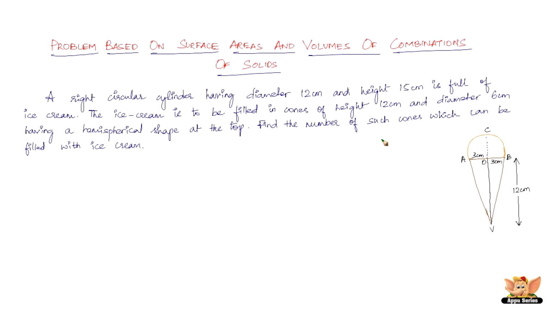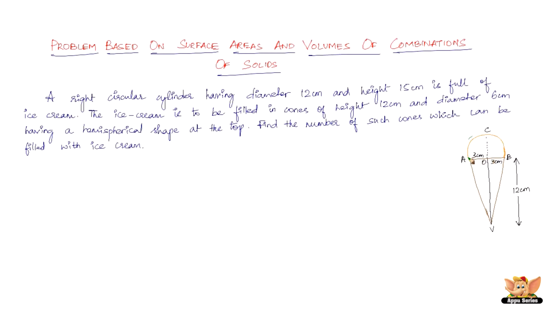It seems like there's a lot of ice cream in this right circular cylinder, and you have to take all this ice cream and fill it in these cones of the given measurements. So, how many cones is it going to take to fill all the ice cream that is there in the right circular cylinder? We need to find the volume of the right circular cylinder, and that's the amount of ice cream. And then find the volume of this cone, and also this hemispherical part, because it's not going to be up to the brim.